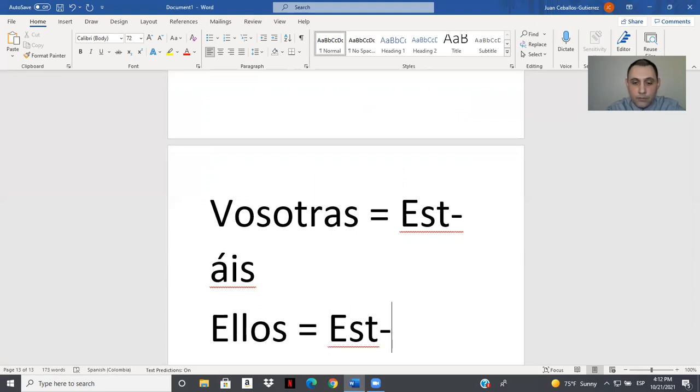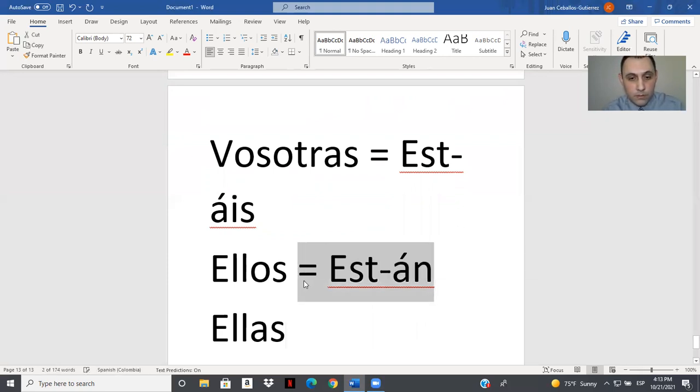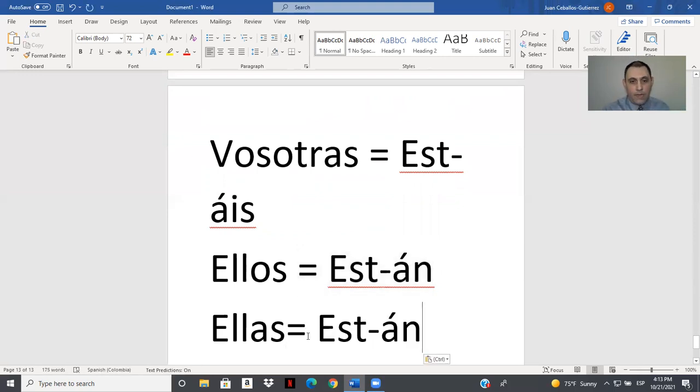Take the AR out and change it for AN. So it will be ellos están. And with third person feminine plural is the same. All you do is this. Ellas están. Okay.